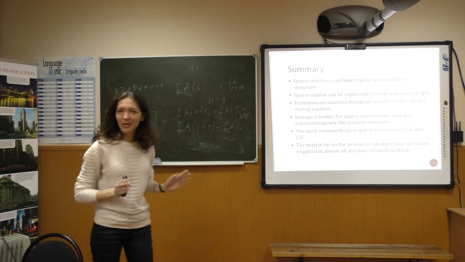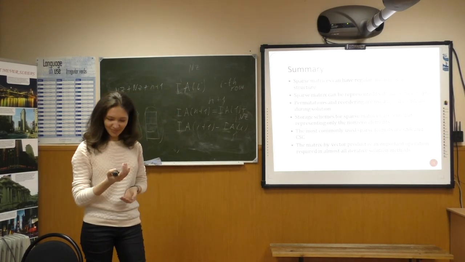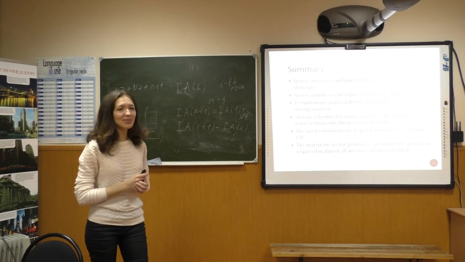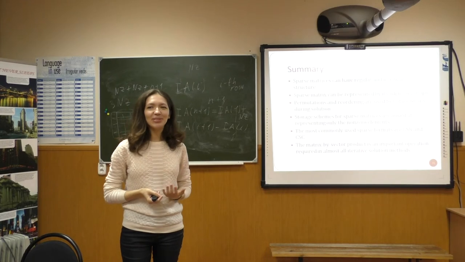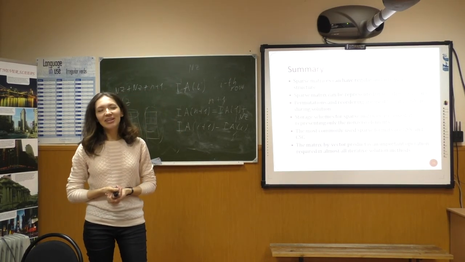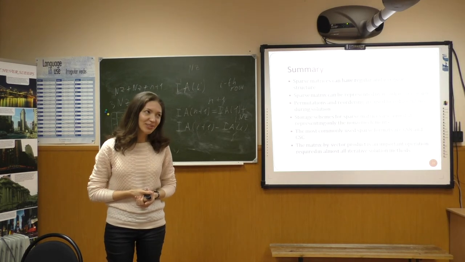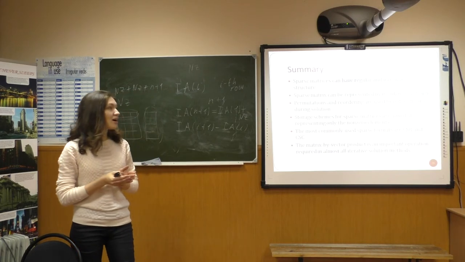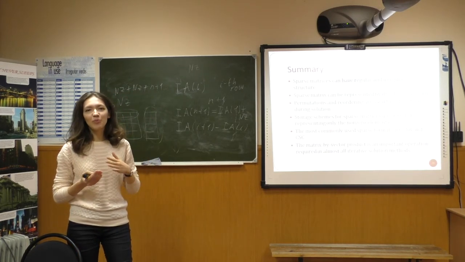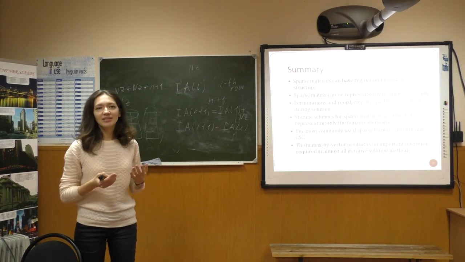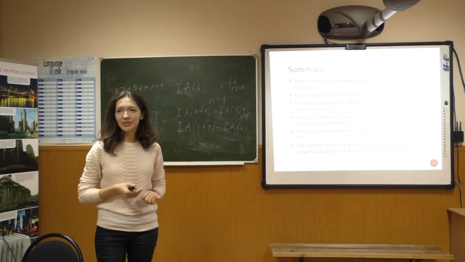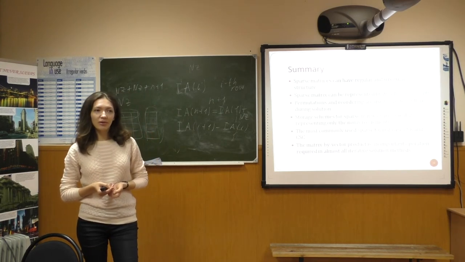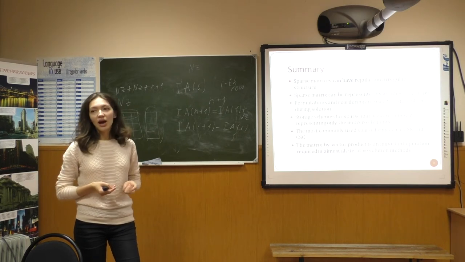Okay, let's wrap up our lecture. I'll give you a brief summary. From this lecture, we have learned that sparse matrices can have regular and irregular structures, that they can be represented by an adjacency graph, that we can perform permutations and reordering, and this is used to reduce fill-ins for numerical algorithms like Gaussian elimination.